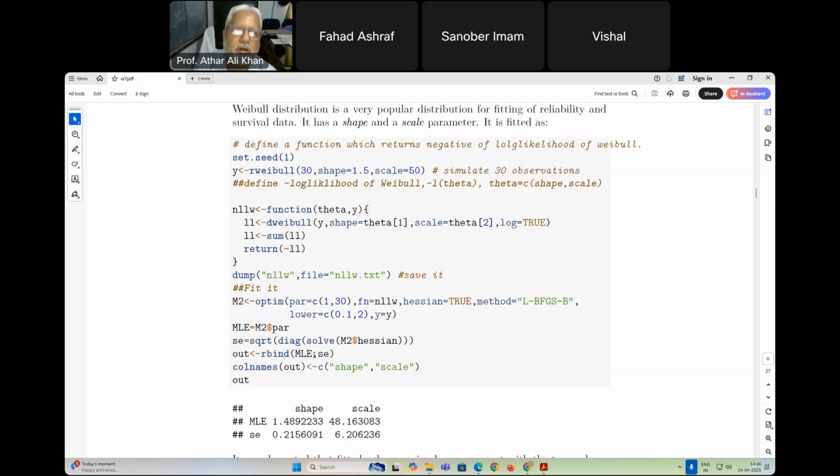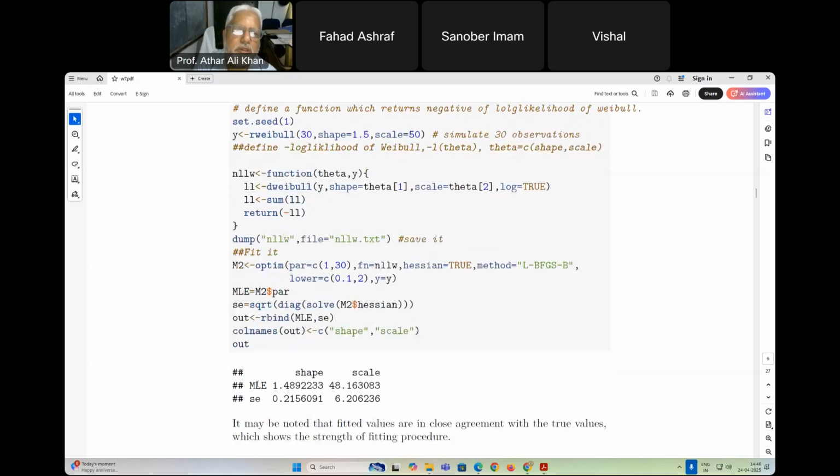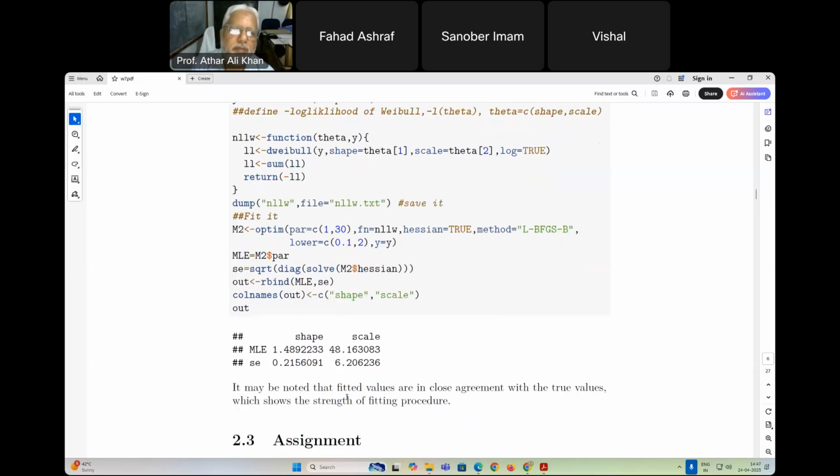These are the row-wise MLE and SE, and the column names of out are shape, and the second column is scale. So this is the MLE of the shape parameter, this is the MLE of the scale parameter, this is the standard error of the MLE of shape, and this is the standard error of the MLE of the scale parameter.